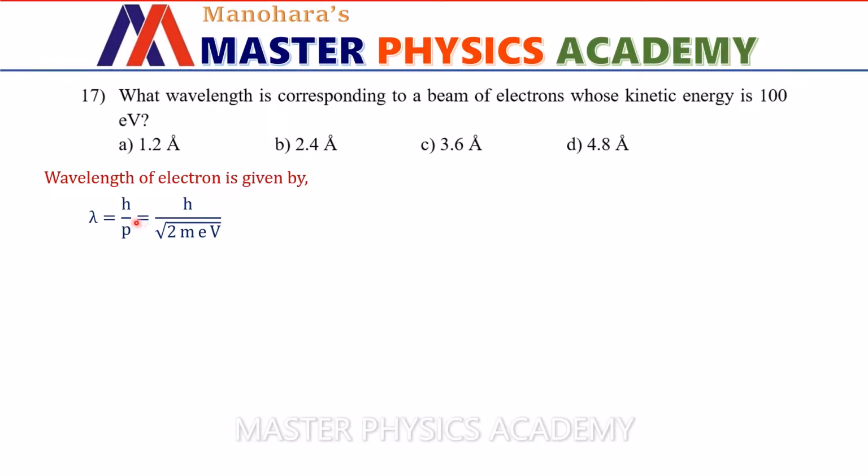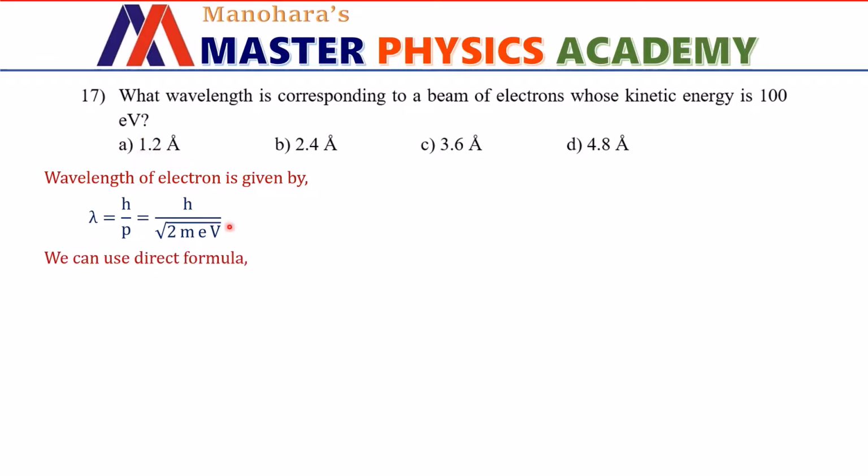The linear momentum can be written in terms of accelerating potential as root of 2meV, where m is the mass of electron, e is the charge of electron, V is the accelerating potential. To have kinetic energy equal to 100 electron volt, the accelerating potential will be 100 volts.